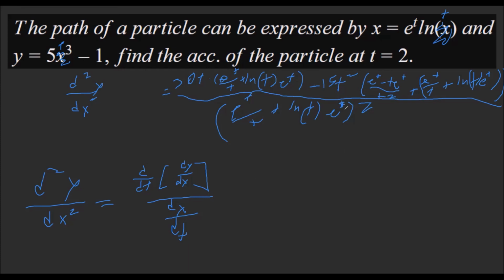Just remember that from earlier. I suppose we could rewrite this as e to the power of t over t plus natural log t times e to the power of t. However, we can simplify this further by just cubing this denominator here, it's the same thing. And so that is our final answer.